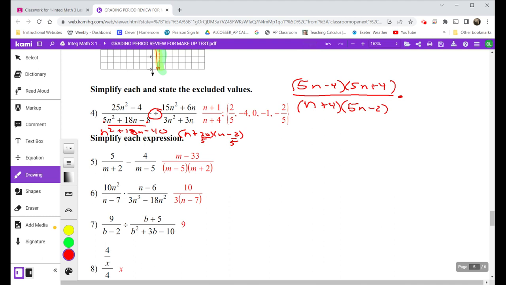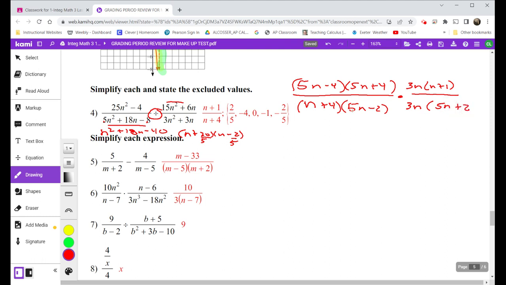So I'm going to take out a 3n out of this. So I'm going to get 3n times n plus 1 all over, and then I'm going to factor this top one, which goes on the bottom. I'm going to take a 3n out of that also. So I'm going to do 3n times 5n plus 2.